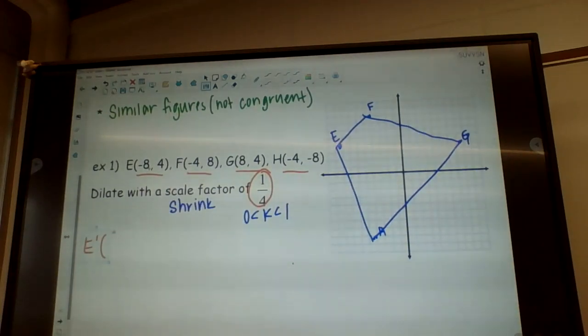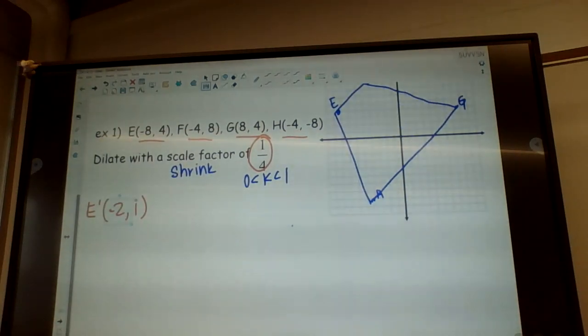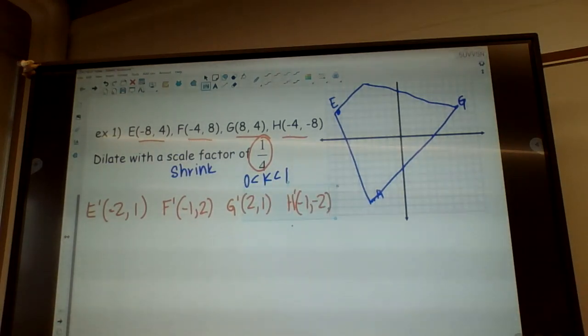So -8, I'm taking 1/4 of it, it's -2. 1/4 of 4 is 1. So kind of just going through and doing this, they all work out really nicely because they're all divisible by 4. So I'm just multiplying each of them by 1/4, dividing by 4 is another way to think of it. And now I'll go to graph them.